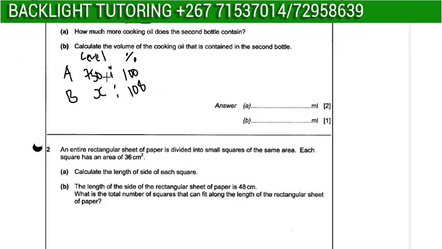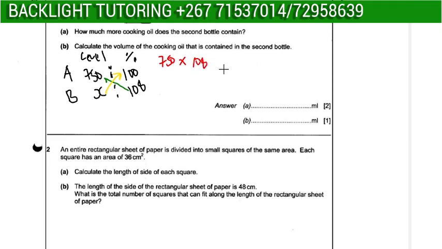Now we are going to cross multiply 108 times this, and then we take this X times this. So 750 times 108.